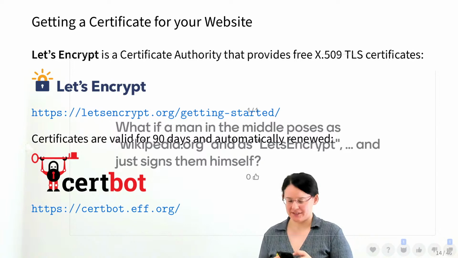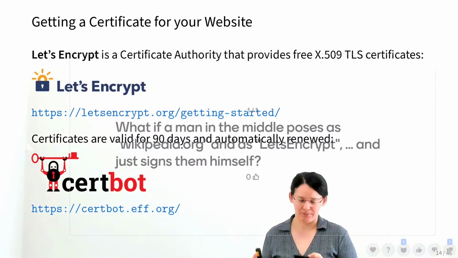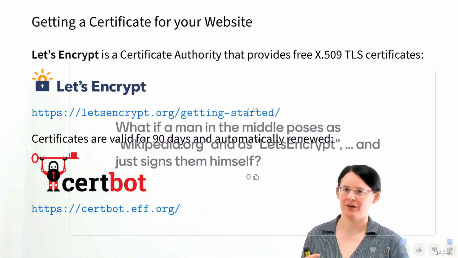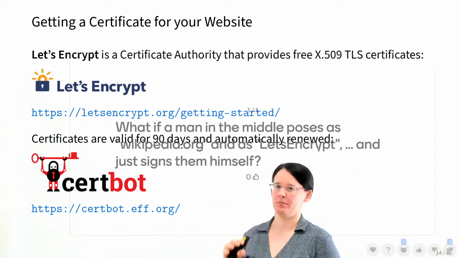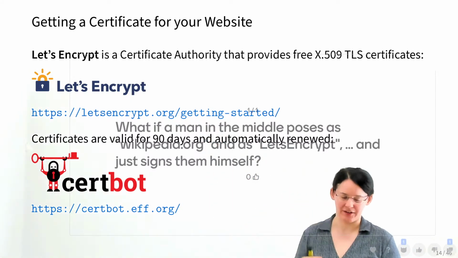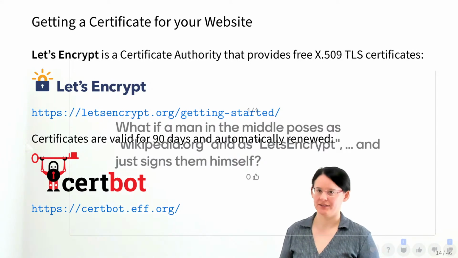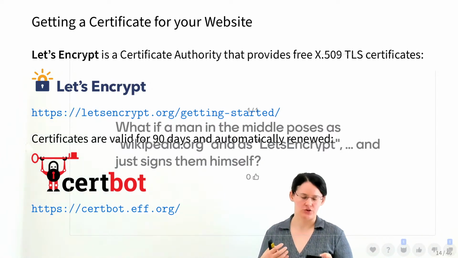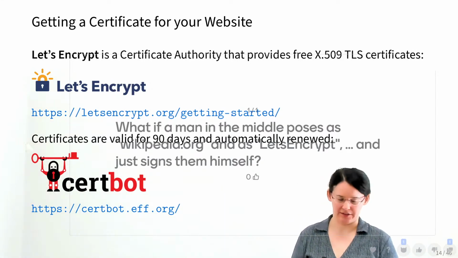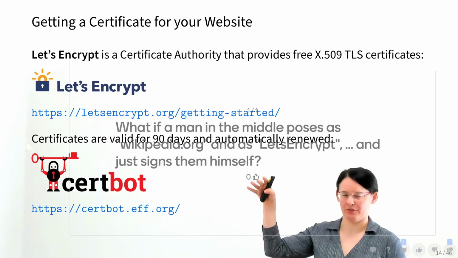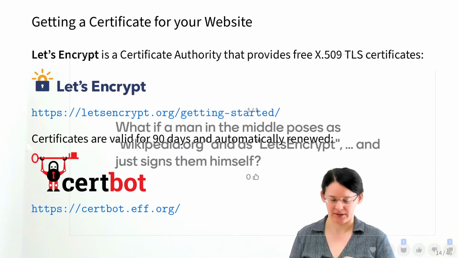If you mean that somebody sits in between Let's Encrypt or Wikipedia or something like that, that should be prevented by the setup procedure. So if Let's Encrypt is trustworthy, then somebody else should not be able to get a fake certificate, because this is technically prevented by this setup here.